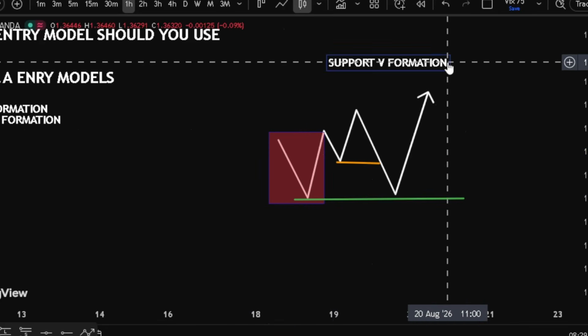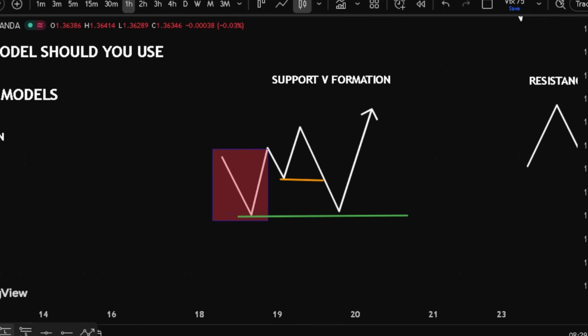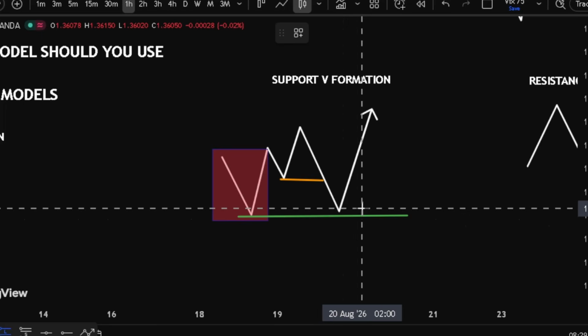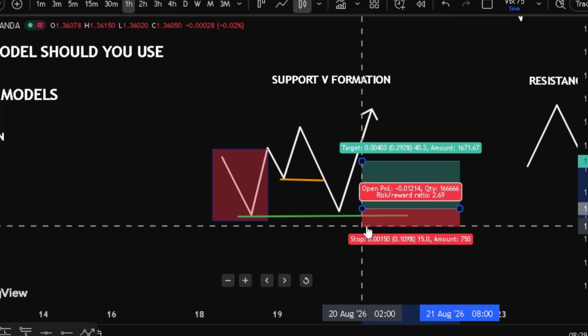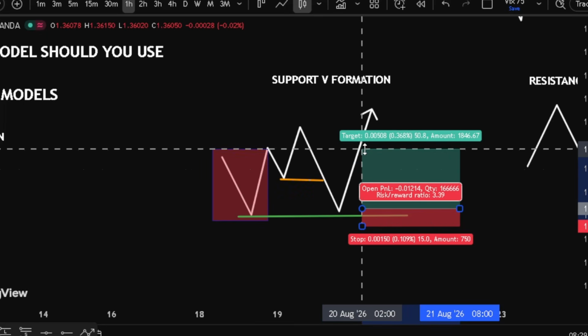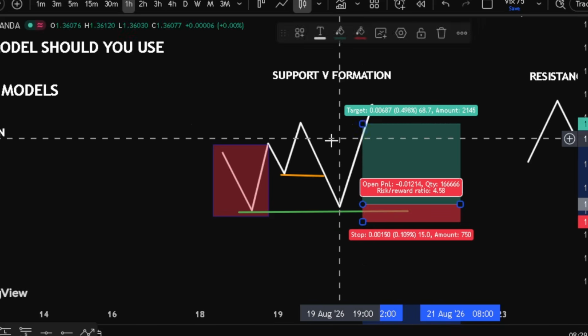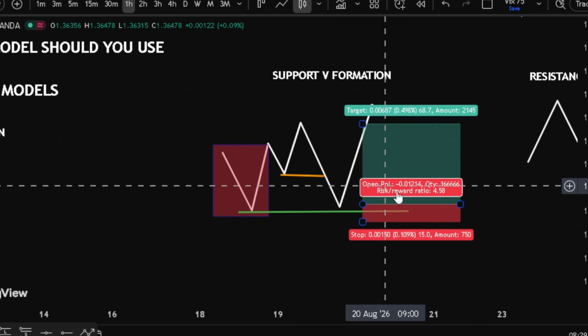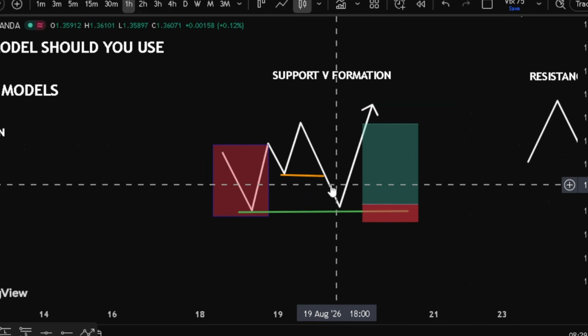So that is just one model. You normally use it in a way that you enter, your stop loss is placed below the entry, just a few pips below the key level, and then you target the buy side liquidity. Like you've seen, this entry model is suitable for buy setups.